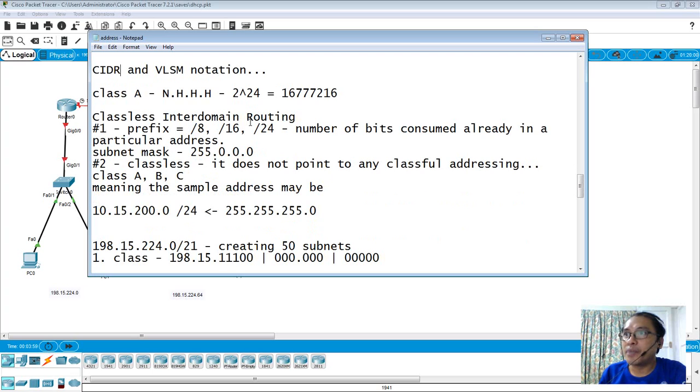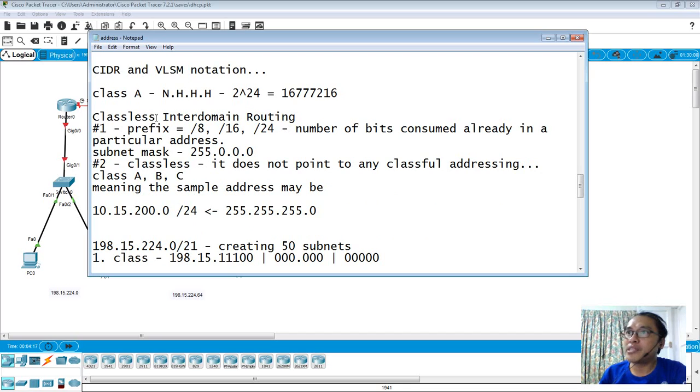Although, prior to studying or mastering CIDR, you should master subnetting first, so that you have a full idea on how to segment one network address into many network addresses.